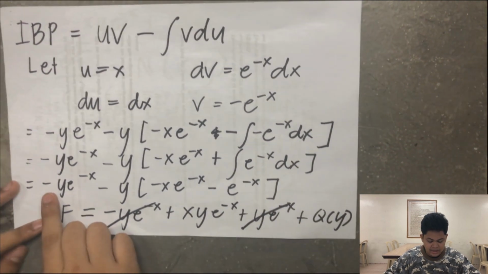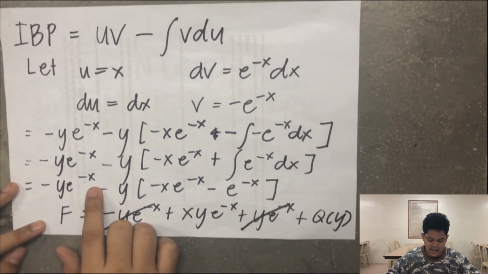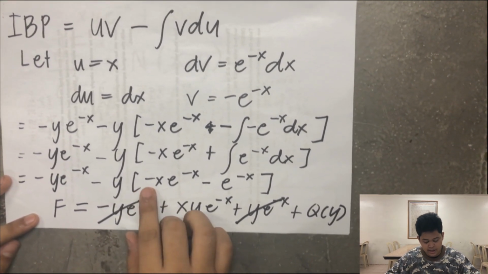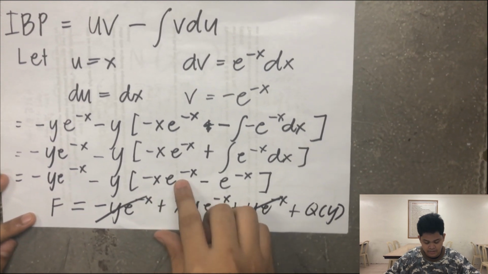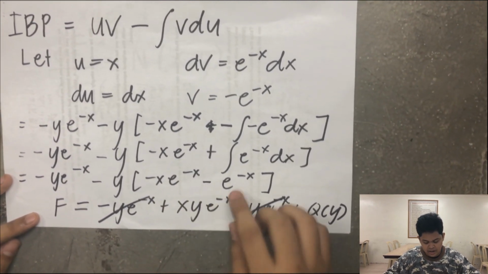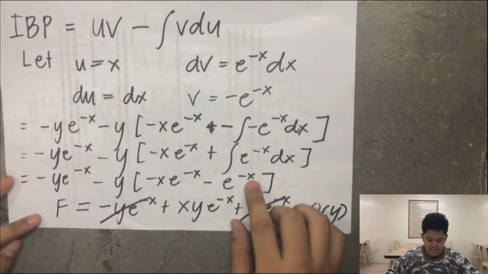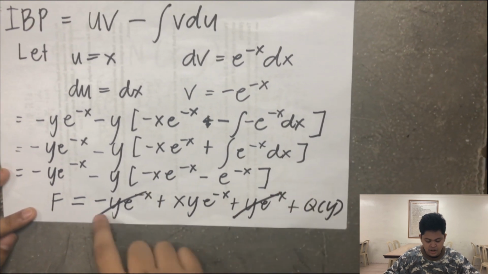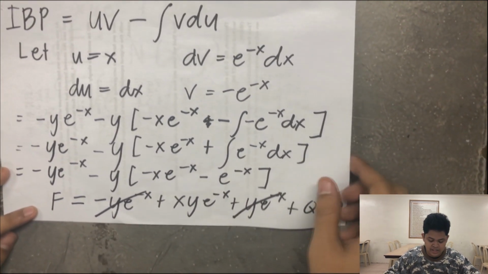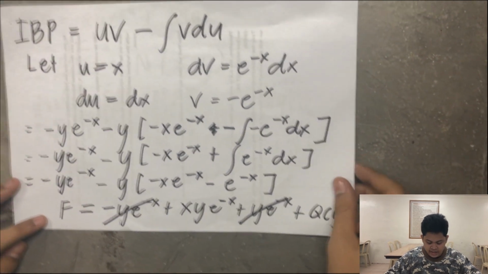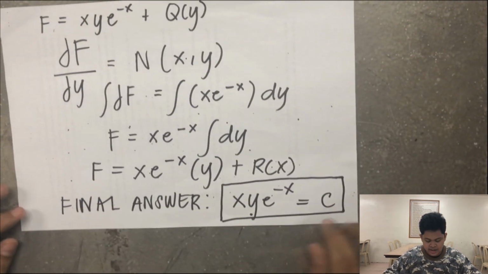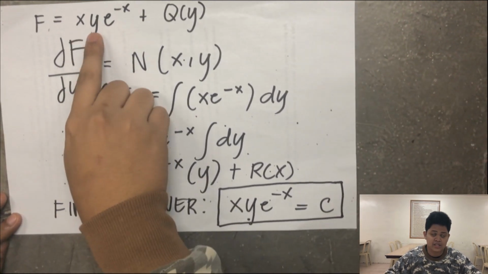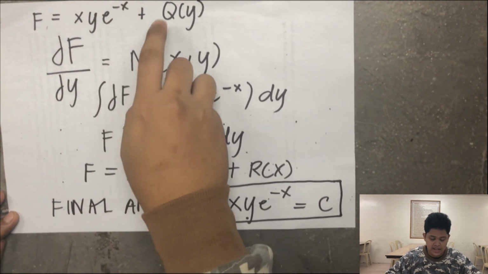Then negative y e raised to negative x minus y, open bracket, minus x e raised to negative x minus e raised to negative x. Then we cancel the terms minus y e raised to negative x and y e raised to negative x. Then the remaining terms are xy e raised to negative x plus g of y.